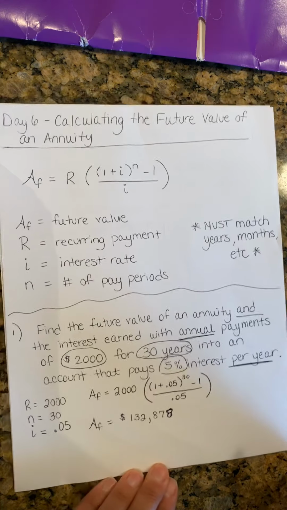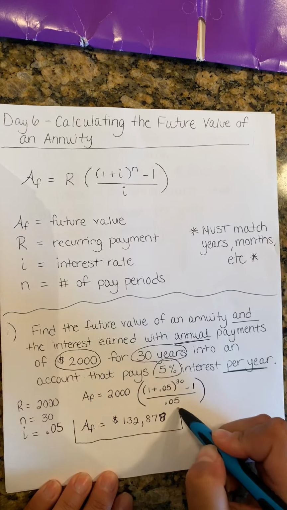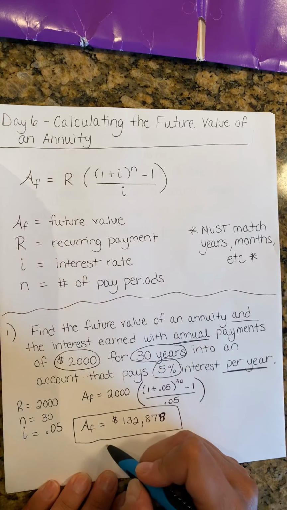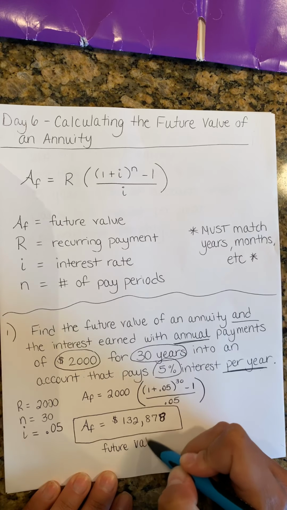Okay? So that is your future value of your annuity. So after 30 years, your annuity will have that much money in it.